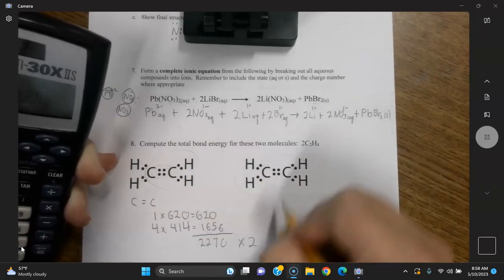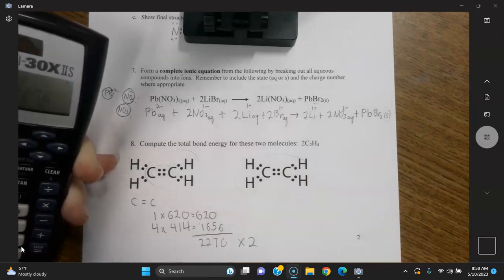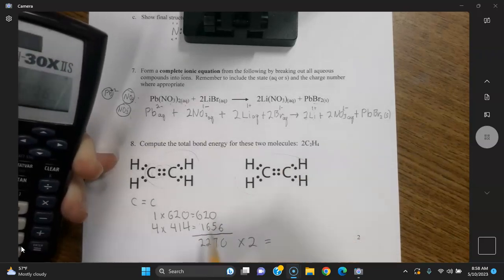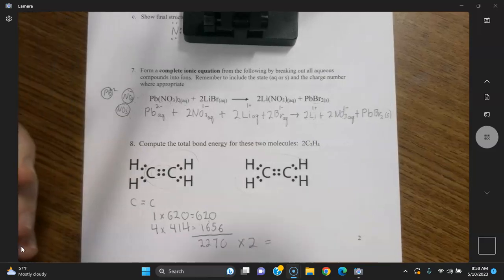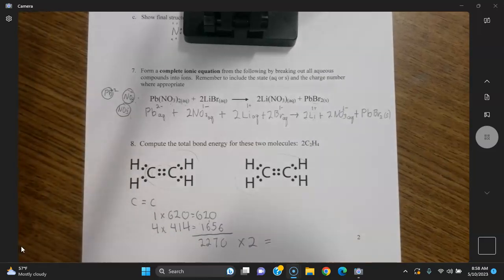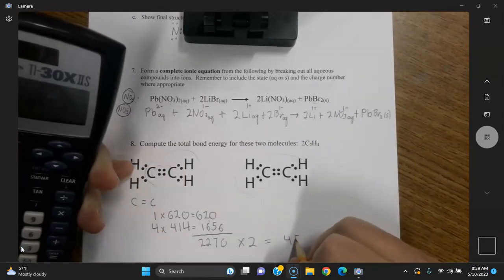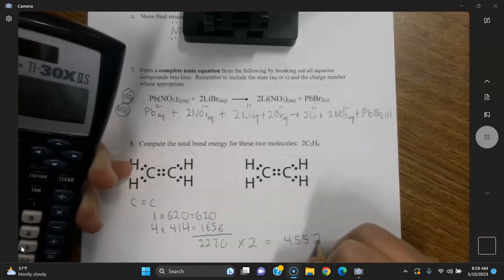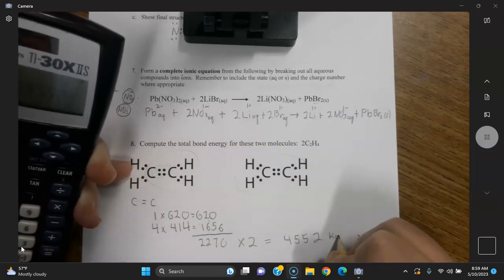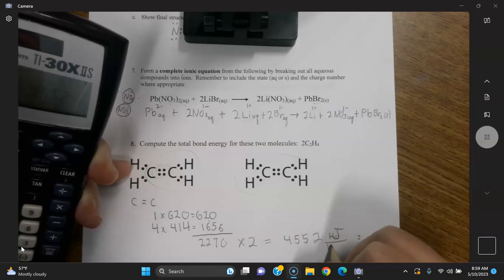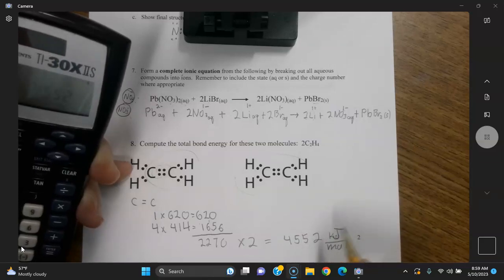I don't care how you did it. If you calculated it twice, I don't really care, as long as you show the work here and get the right number. And what that's then going to give you is 4,552. You should put kilojoules per mole, but if you didn't, that's okay. Okay, so that's your answer for that.